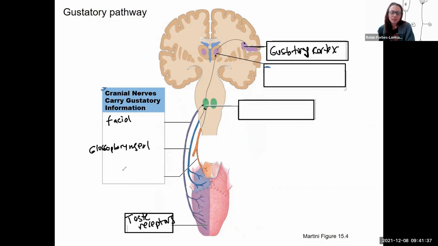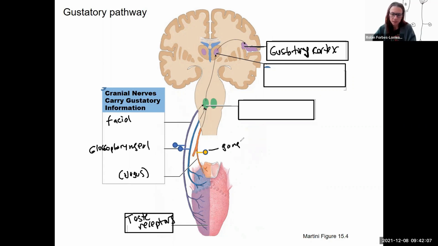One more here that I'll just mention is the vagus nerve. That's a little bit further back, and then larynx, pharynx, etc. Vagus nerve does a lot, and we'll talk about it more in the spring related to heart rate regulation, all kinds of stuff. So then we've got the cranial nerves are going to carry, oh, actually, I like that little added in there to remind you of what are these guys?